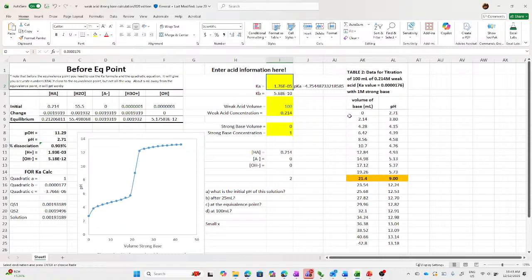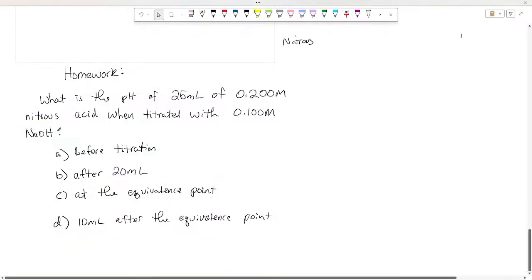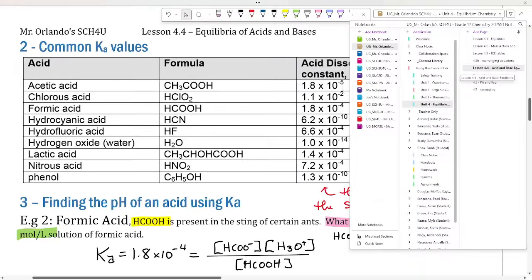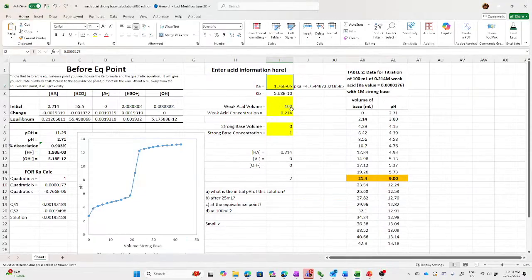I'll get it. Team, I'll get it. You know what? Allow me. But everyone look here and pay attention to this, because it's going to save you. So 7.2 times 10 to the negative 4. There we go.